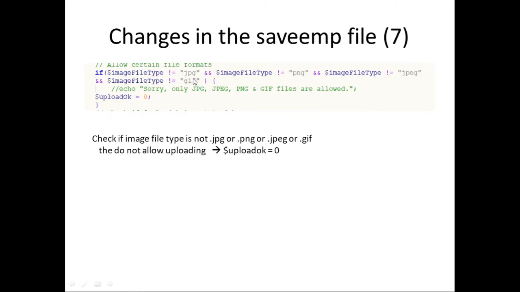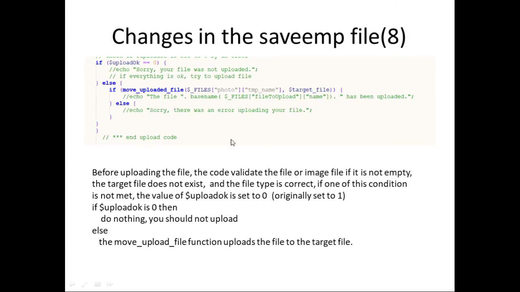If it is not equal to JPG or PNG or JPEG or GIF, then it may not be an image file. So if it is not an image file, then we don't allow uploading. Okay, so that is this part. And then on this part now, here's the explanation. So before uploading the file, the code validates.